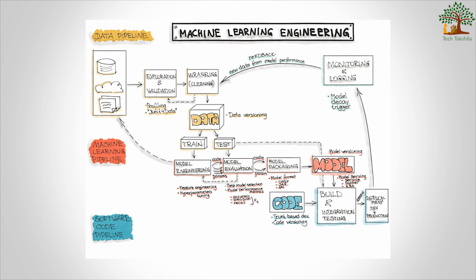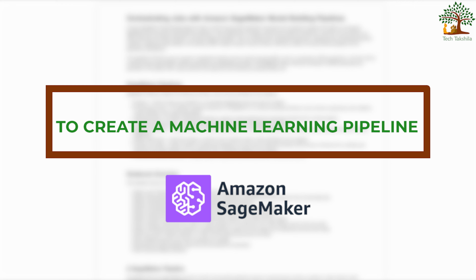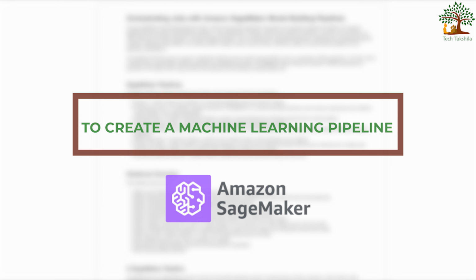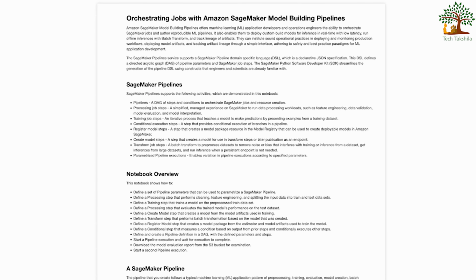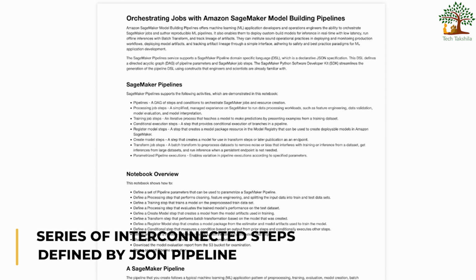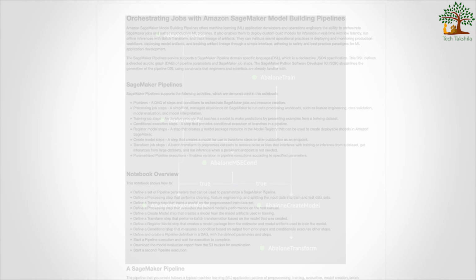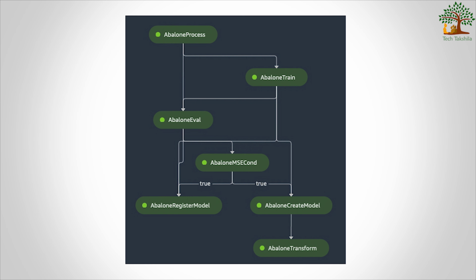So today, let's learn how all those concepts gel together and how we can create our own machine learning pipeline on AWS SageMaker. Before we look at the real world example of an AWS SageMaker pipeline, let's first get some of the theory out of the way. A SageMaker model building pipeline is a series of interconnected steps that is defined by a JSON pipeline definition. This is a similar concept to what we use to define our cloud resources in a CloudFormation template.